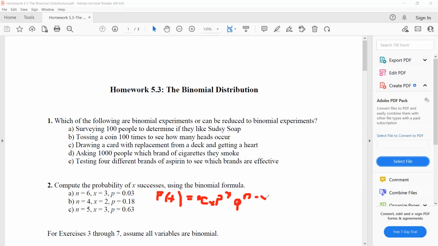So what this is going to mean for part A, for example, N is 6, X is 3, and P is 0.03. N is 6.